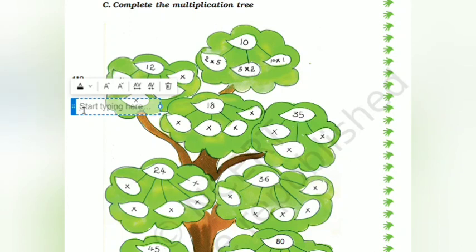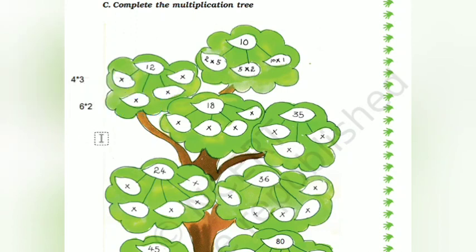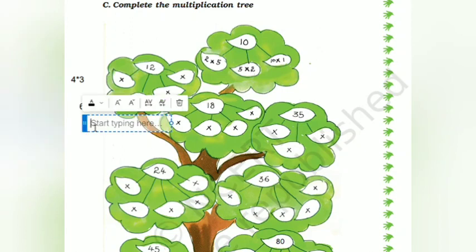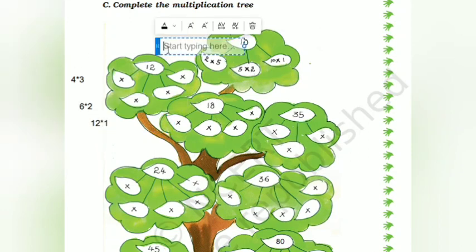Then 6 times 2 is also 12. 12 times 1 is also 12. Then 3 times 4 is also 12. Okay.